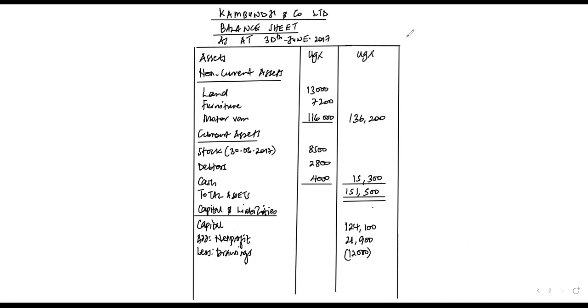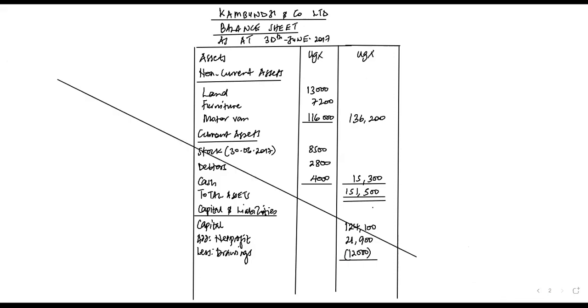So out of the capital which we had at the start, 124,100, we made a profit of 21,900, but we have withdrawn 12,000.